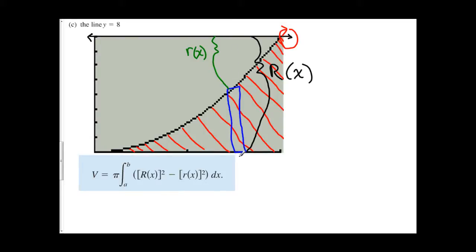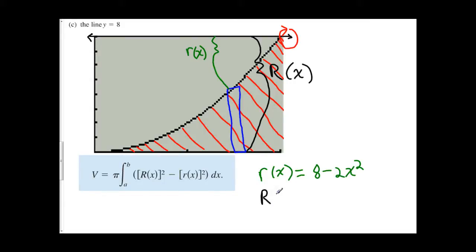So the lowercase r of x is actually equal to 8 minus the value of the function, and the value of the function is 2x squared. So that's my lowercase r of x. My uppercase r of x, this one here, the uppercase r of x.